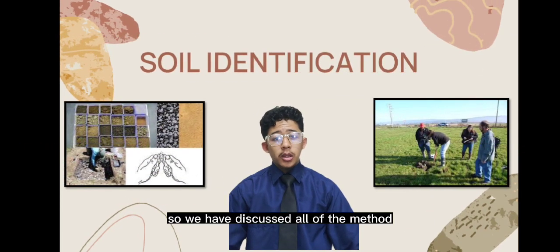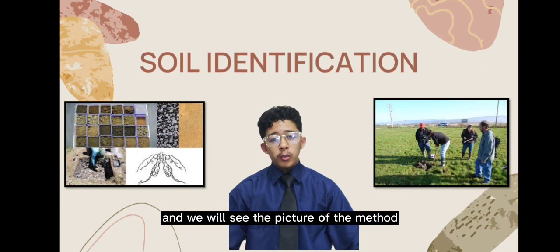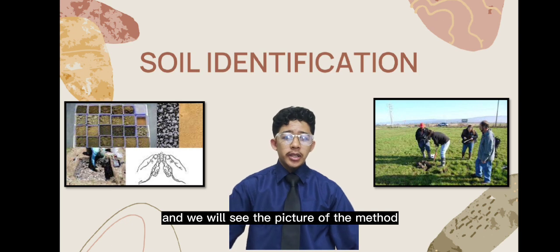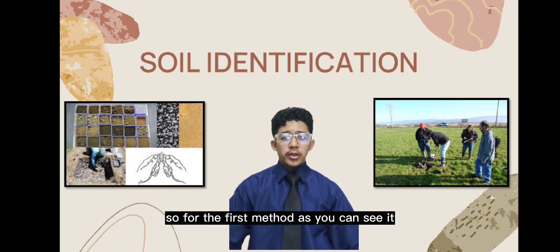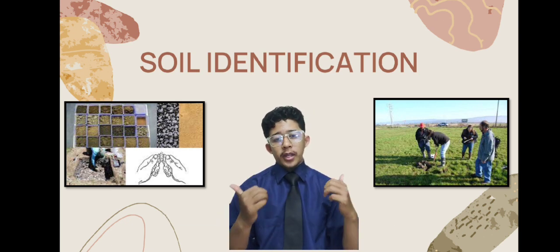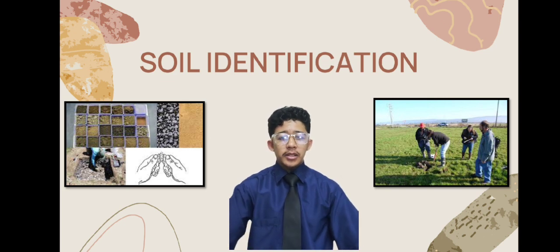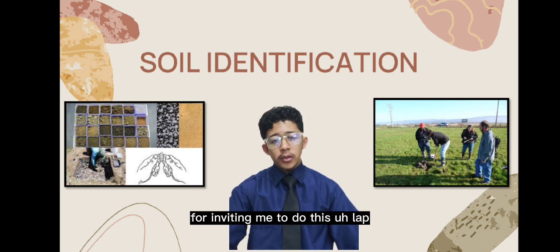So we have discussed all of the methods, and we will see the pictures of the methods. For the first method, as you can see beside this picture, I personally have done this soil identification in the laboratory. I would like to say thank you to Dr. Mazatul for guiding me to do this lab.